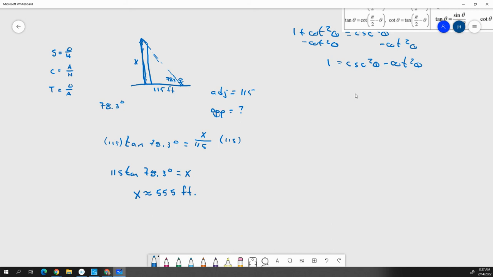None of this is going to be mental math. You're going to have to do it by calculator, right? You can't figure out the tangent of 78.3 degrees in your head. Well, I can't figure out the tangent of 78.3 degrees in my head, and I'd bet a lot on that because I know me.